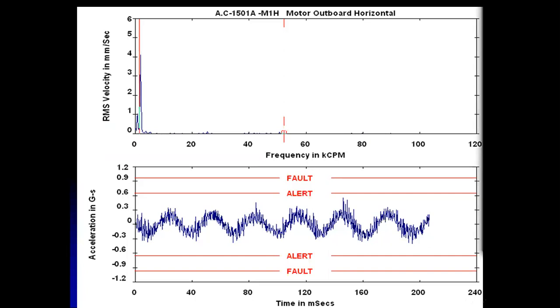For example, this is air cooler 1501. We measure the vibration at M1H. What does M1H mean? I explained it before. It means the outboard bearing in the horizontal direction.